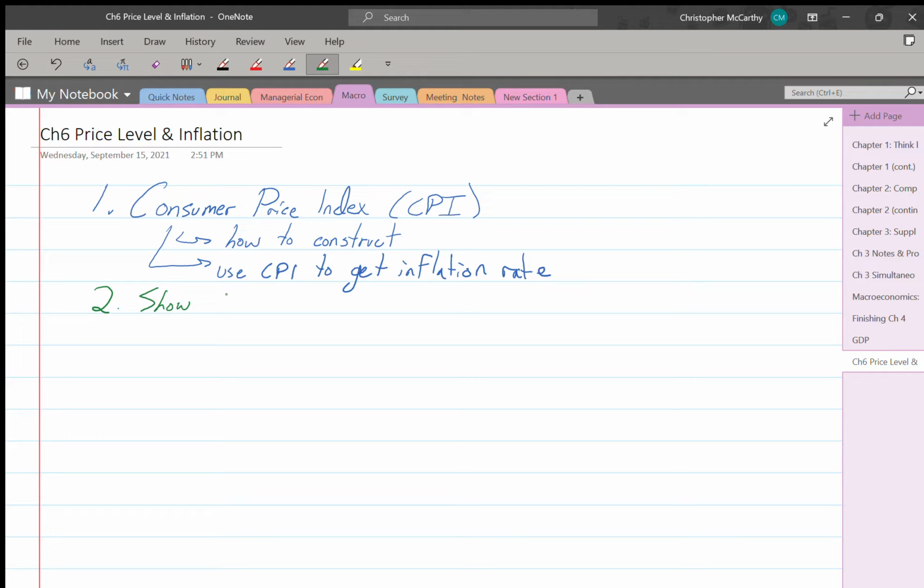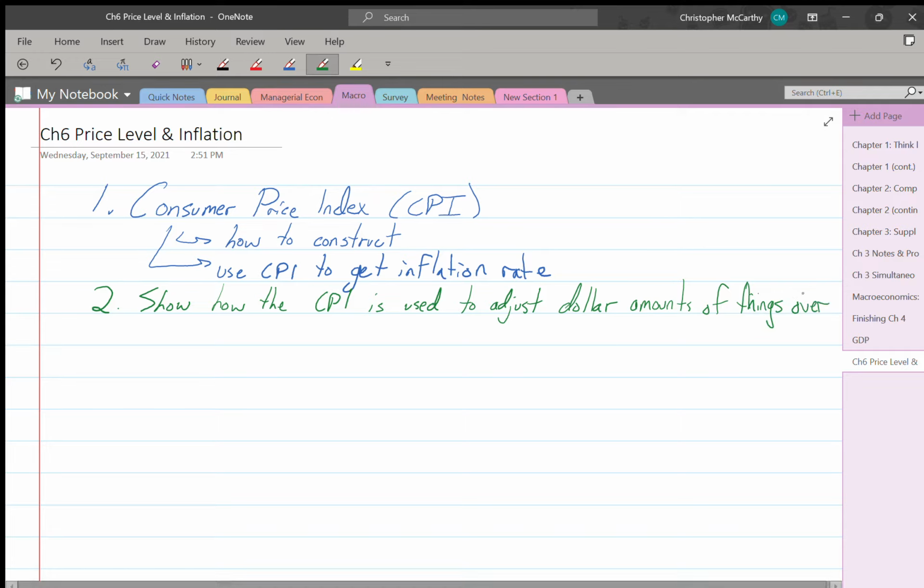So we're going to show some examples of how the CPI is used to adjust the dollar amounts, so that we can eliminate the effects of inflation, the rise in the price levels.